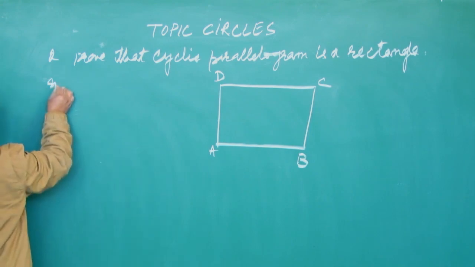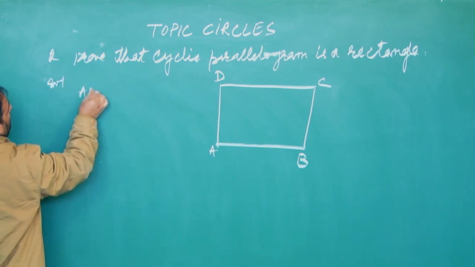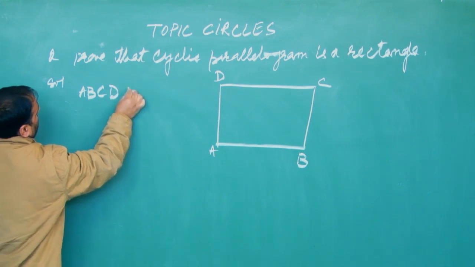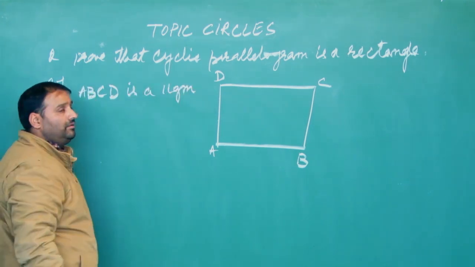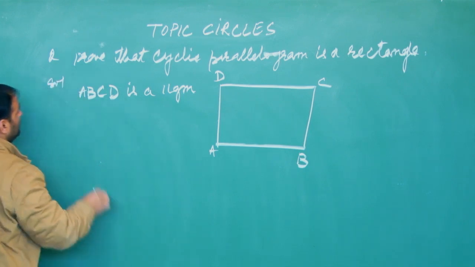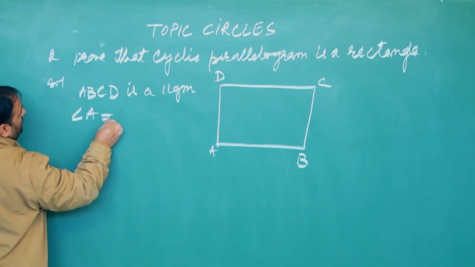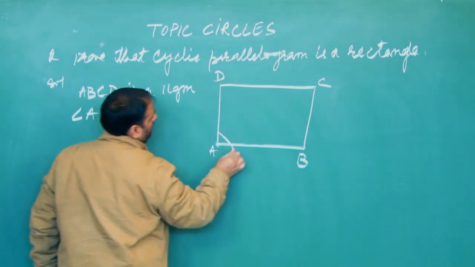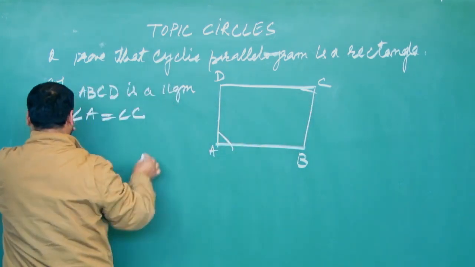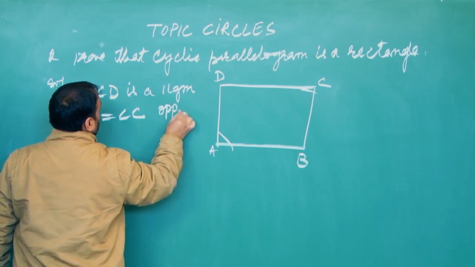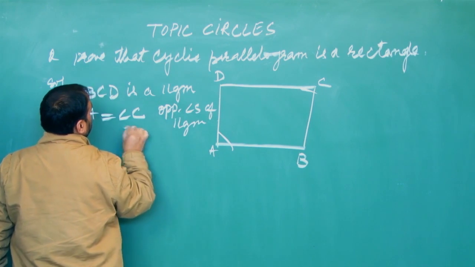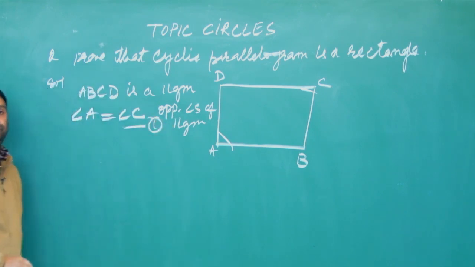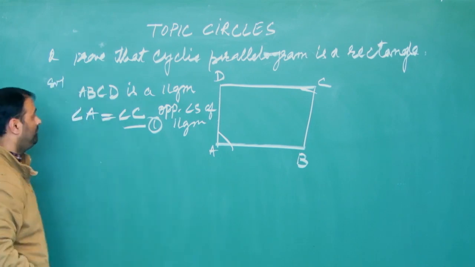Now, by definition, take ABCD as a parallelogram. In a parallelogram, one of its properties is that its opposite angles are equal. Then angle A is equal to angle C. Opposite angles of parallelogram. Keep this result as equation 1. Again, we are given that this parallelogram is cyclic also.